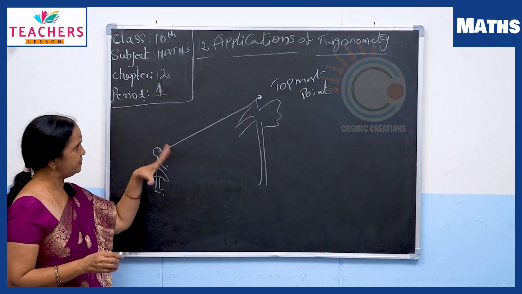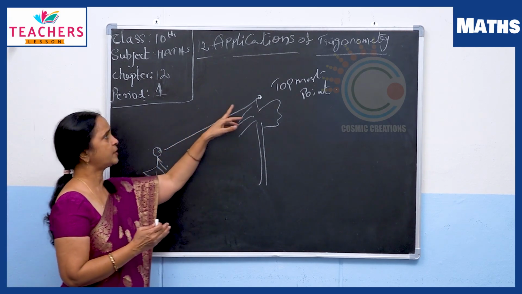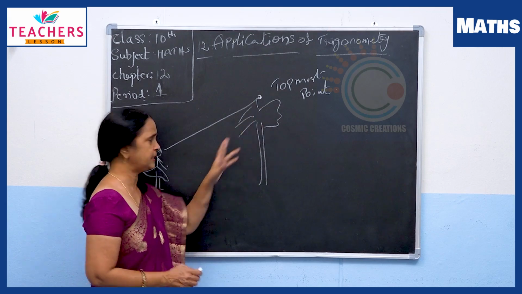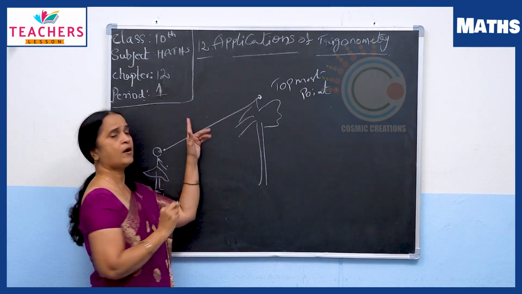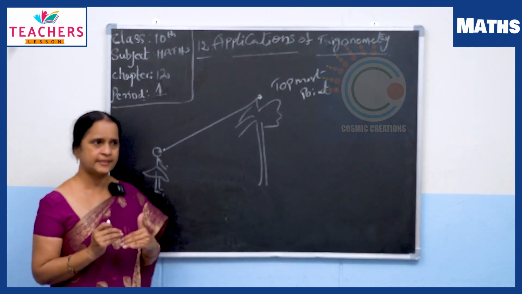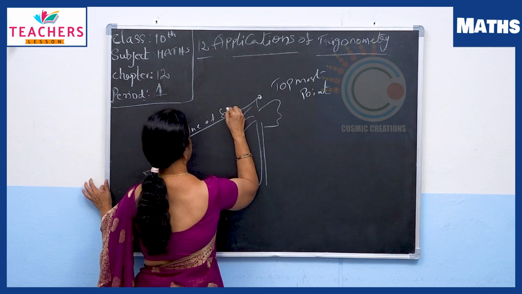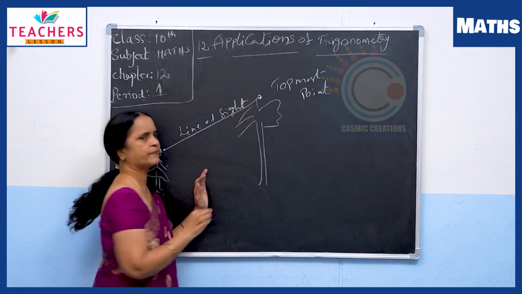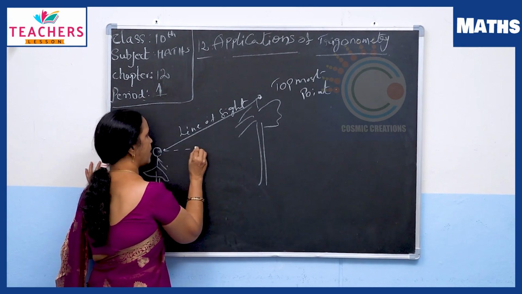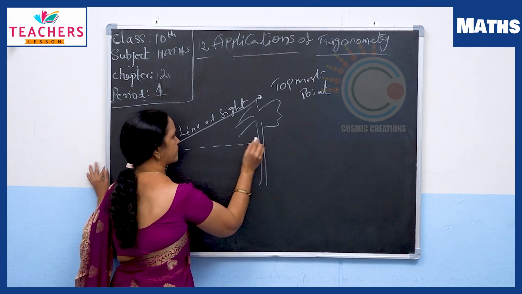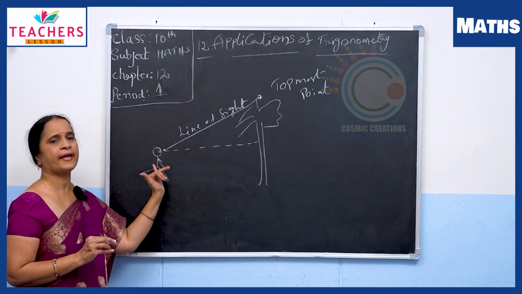She imagines a line from her eye to the topmost point of the tree. I am just drawing this one line. This is called the line of sight. And she also imagines the horizontal line from the tree to her eye.